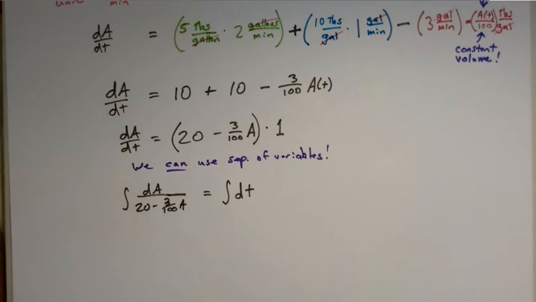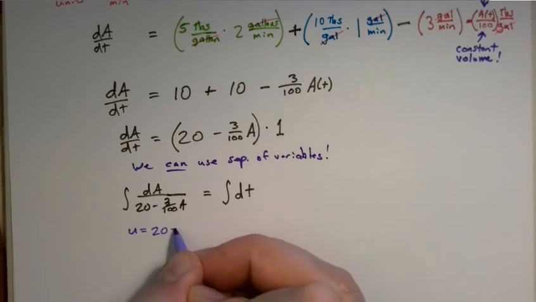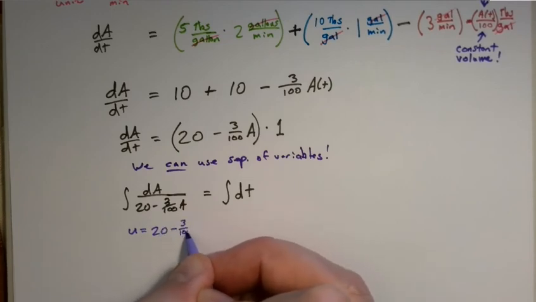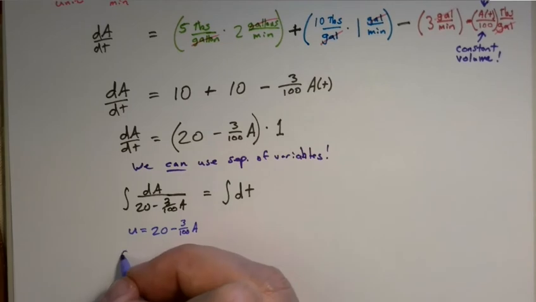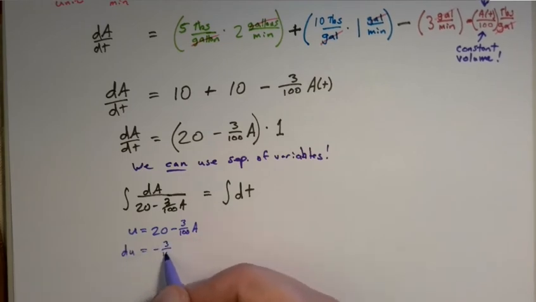This is just if we do a u substitution and say u equals 20 minus 3 over 100 A, and then you find out that du is equal to negative 3 over 100 dA. And so multiplying, you can say dA is equal to negative 100 over 3 du.